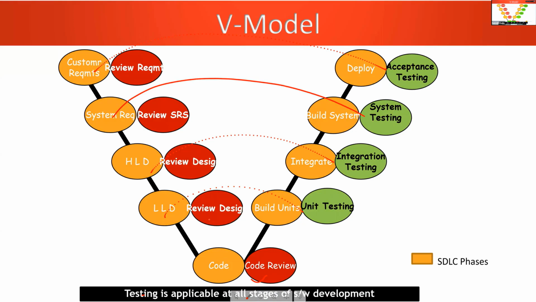So what kind of projects will the V model be opted for? Small size applications, but the requirements are very complex or sensitive. Then we go with the V model.